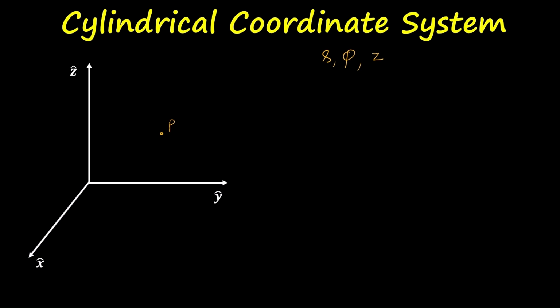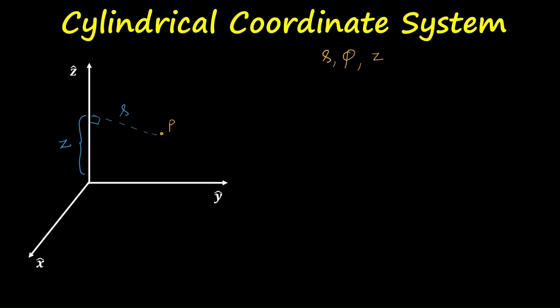The distance of point P from the z-axis is s. By the way, this is a perpendicular line. And this coordinate is what we refer to as z. So the z in the cylindrical coordinate system is the same as the z in the Cartesian coordinate system.